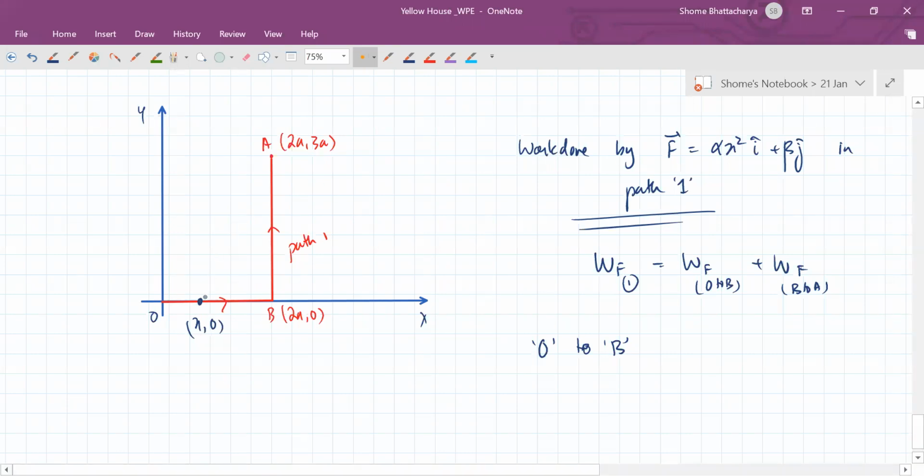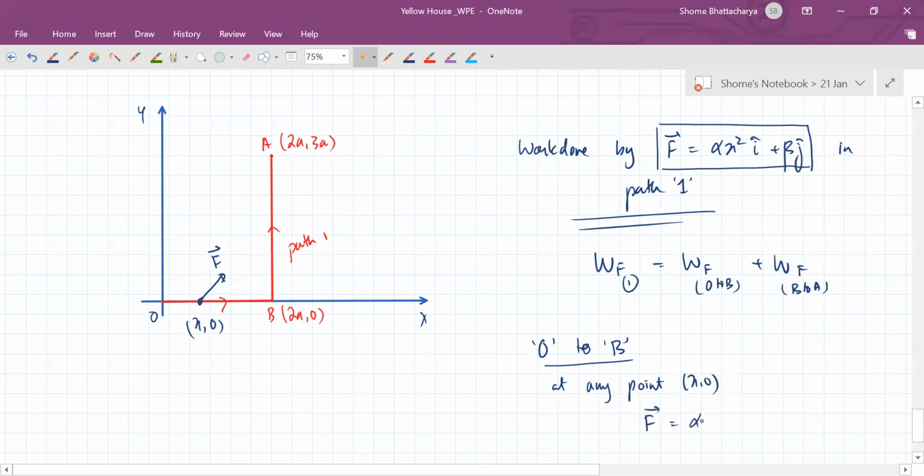The force acting on it at this point of time will be given by this expression. So at any arbitrary point x comma 0, the force acting on it is given by alpha x square i cap plus beta j cap.